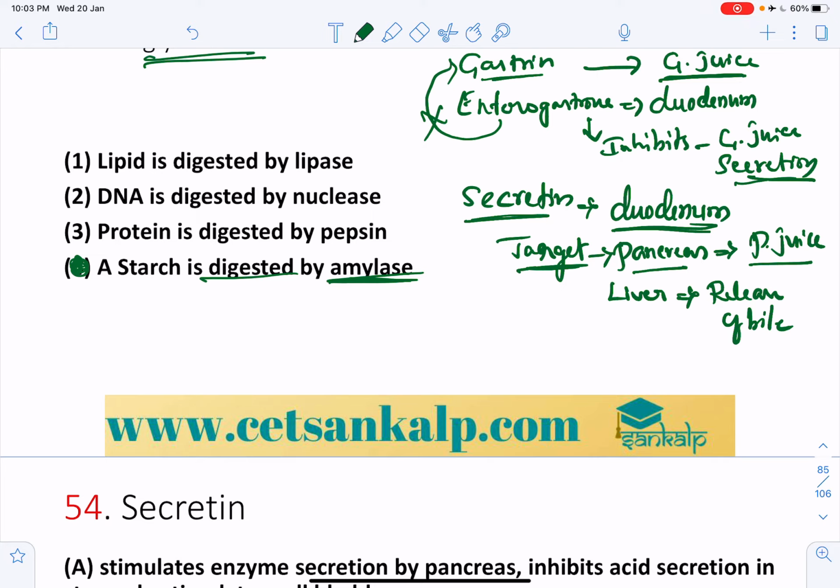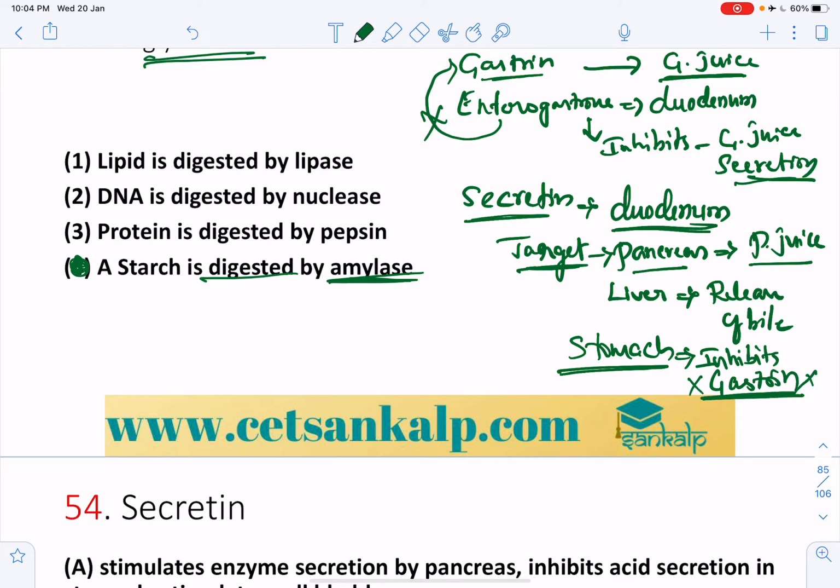Next, liver, pancreas, and it also acts on the stomach. Secretin acts on the stomach, where it inhibits the gastrin hormone production itself.